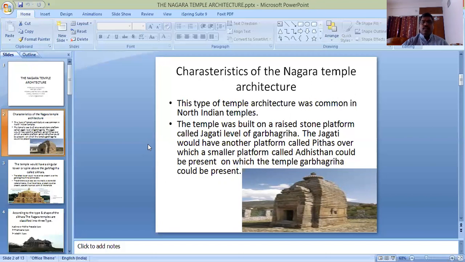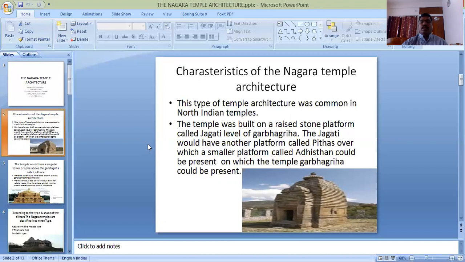The Nagara temple architecture, this type of temple architecture was common in North Indian temples, which I have mentioned before. That the North Indian temples are known to us as Nagara temple architecture.